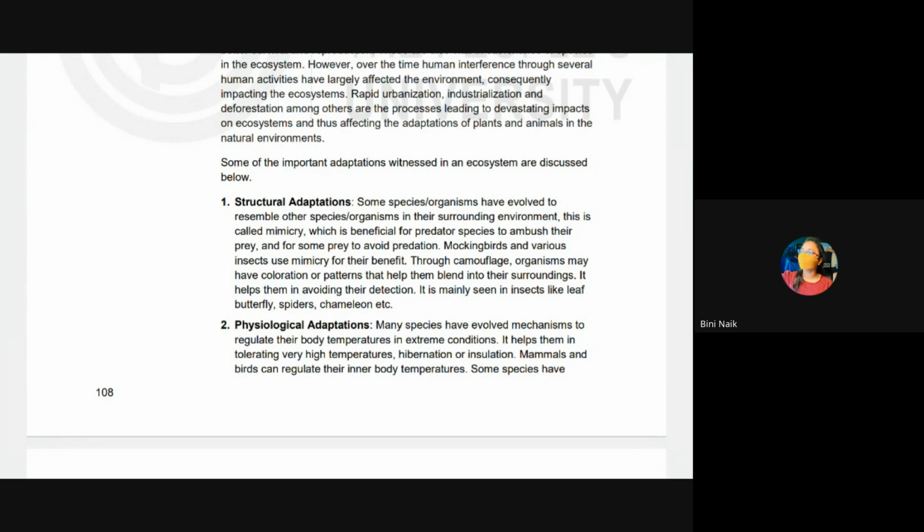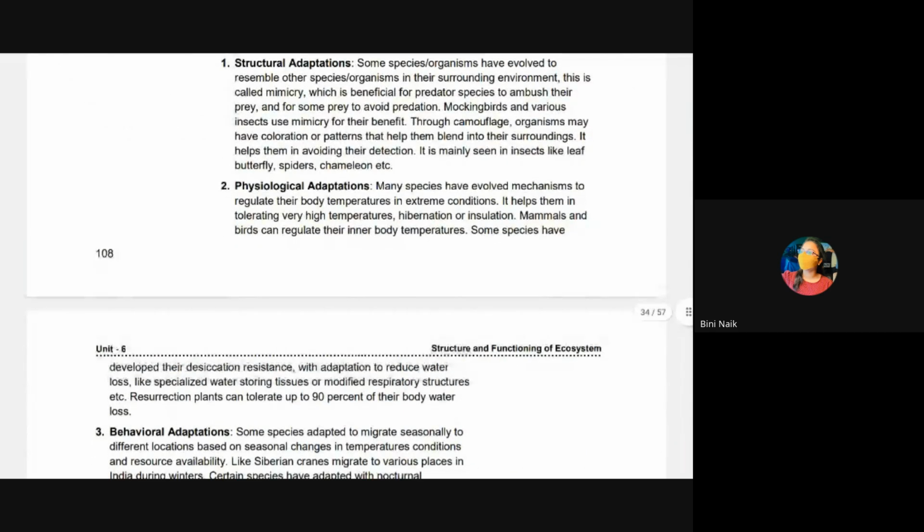Then what do you mean by physiological adaptation? Physiological adaptation is basically when they regulate their body temperatures. Those are basically in extreme conditions. It may help them in tolerating very high temperatures, hibernation, or insulation. So those are basically physiological adaptations. Just like mammals, birds, they can regulate their inner body temperatures.